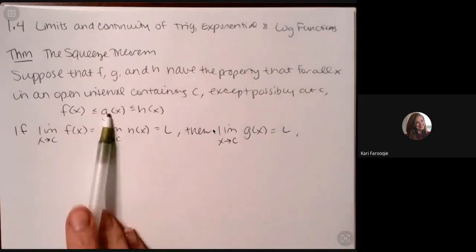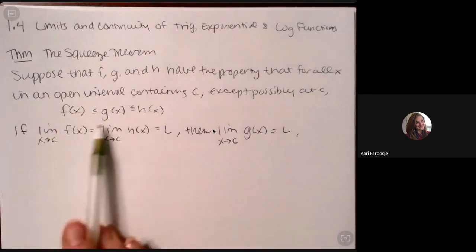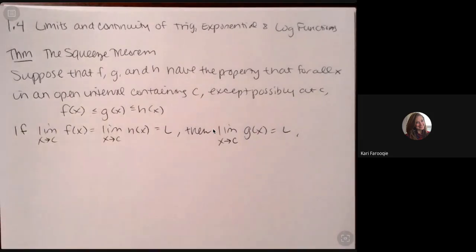You're taking this function g, you're squeezing it in between two functions, proving that if their limit is one specific number, then it must be the case that the squeezed function must also have that limit.